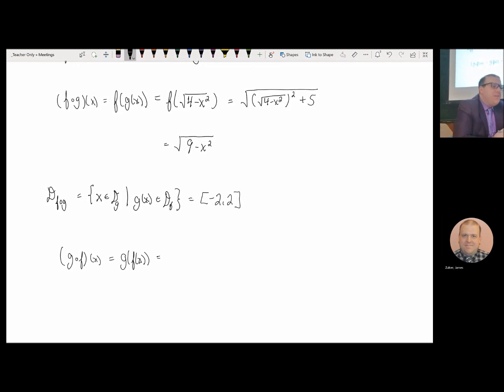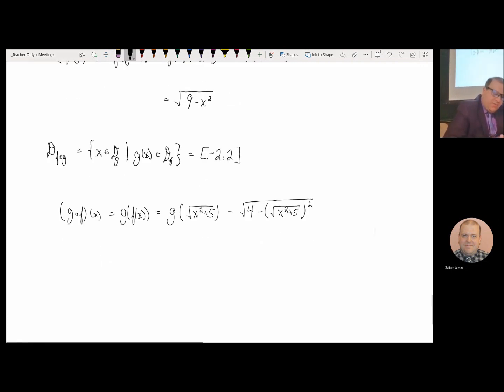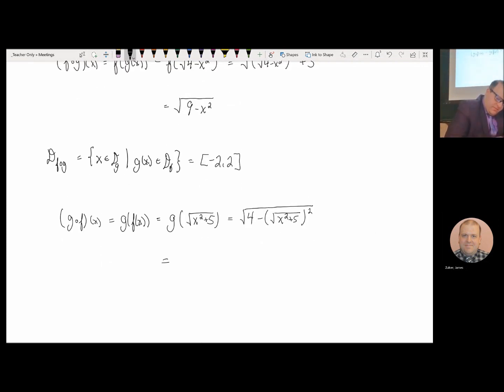G of f. G of the square root x squared plus 5. Means everywhere there's an x in G of x, we're going to replace it with root x squared plus 5. That will give us what?